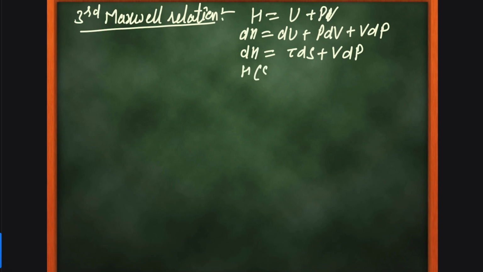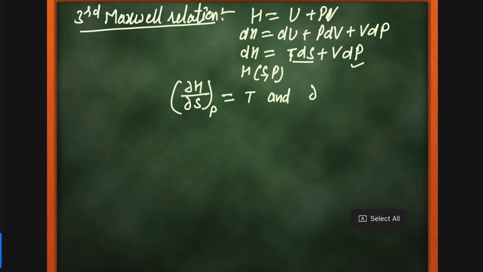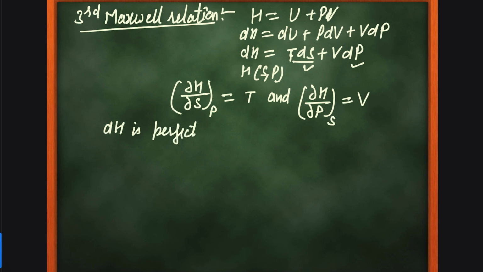This means that H is a function of S and P. So we'll take its partial derivative, then del H del S, keeping P constant, is equal to T, and del H del P, keeping S constant, we get volume V. Again, since H is a perfect differential, therefore we will write this.